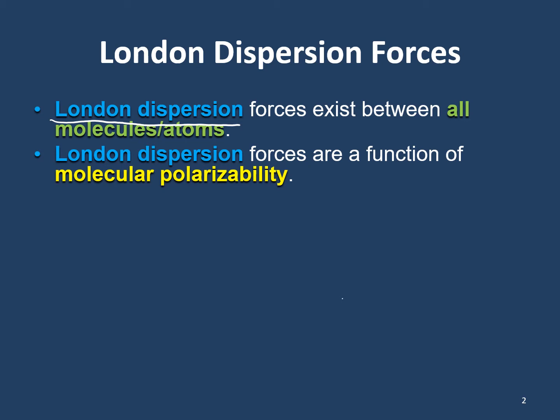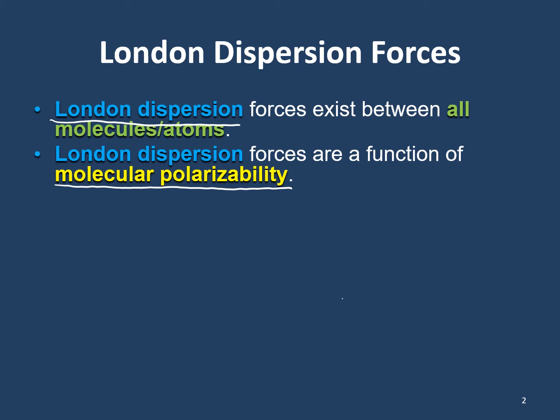And what is London dispersion? Well, it's a function of what we call the molecular polarizability. Now, with all molecules, they have electrons present. And these electrons aren't static. They're not stationary. They're not sitting still. They're constantly moving around.